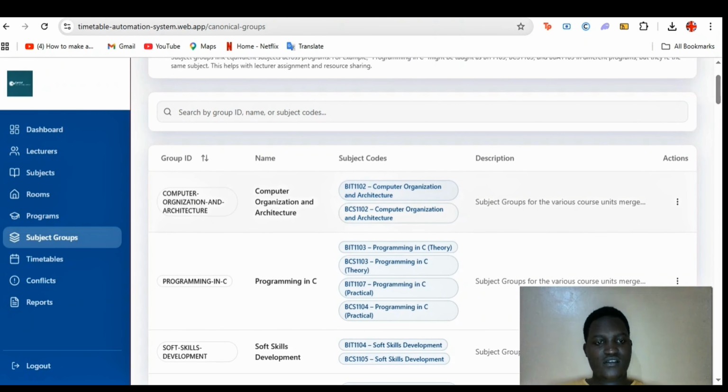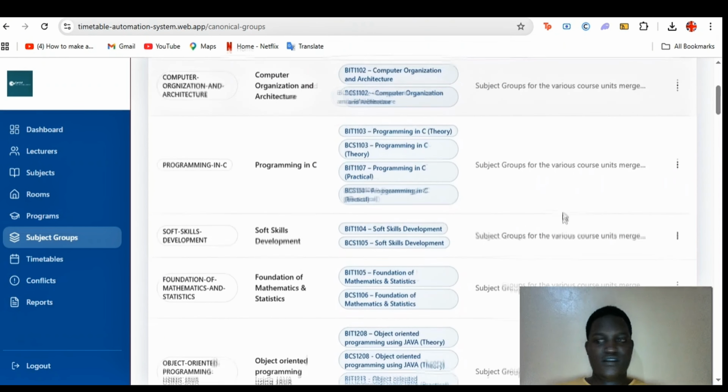So they're essentially shared course units that would ideally be taught as one session instead of teaching them as different sessions. This is done to minimize resources, so minimize workload for lecturers, and maybe minimize the number of lecturers that your institution could probably have.